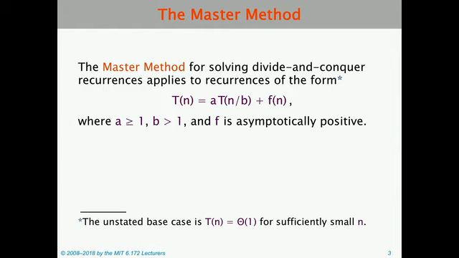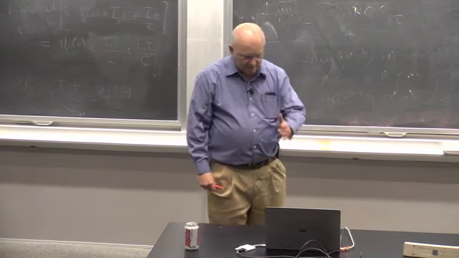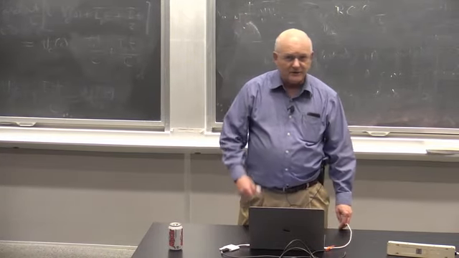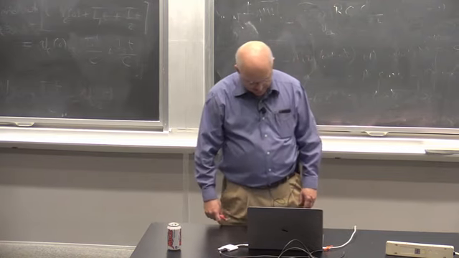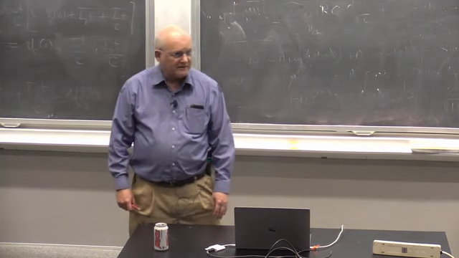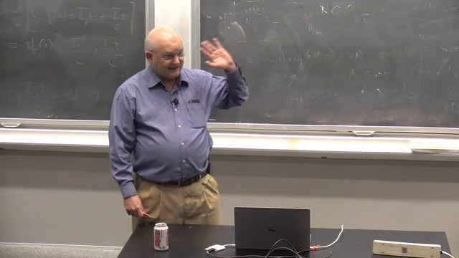I can solve it by solving A problems of size n over B, and it costs me F of n work to do that division and accumulate whatever the results are of that to make my final result. Okay? For all these recurrences, the unstated base case is that this is sort of a running time. So T of n is constant if n is small. So does that make sense? Everybody familiar with this? Right?